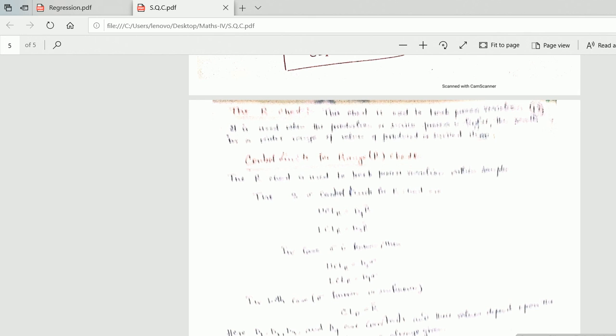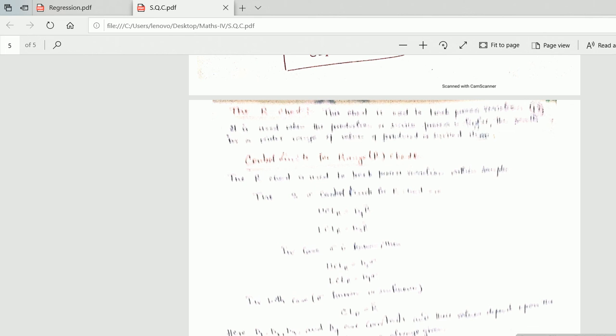What are the control limits for R chart? The R chart is used to track process variation within samples. The 3 sigma control limits for R chart are UCL R is equal to capital D4 R bar, and LCL R is equal to capital D3 R bar.